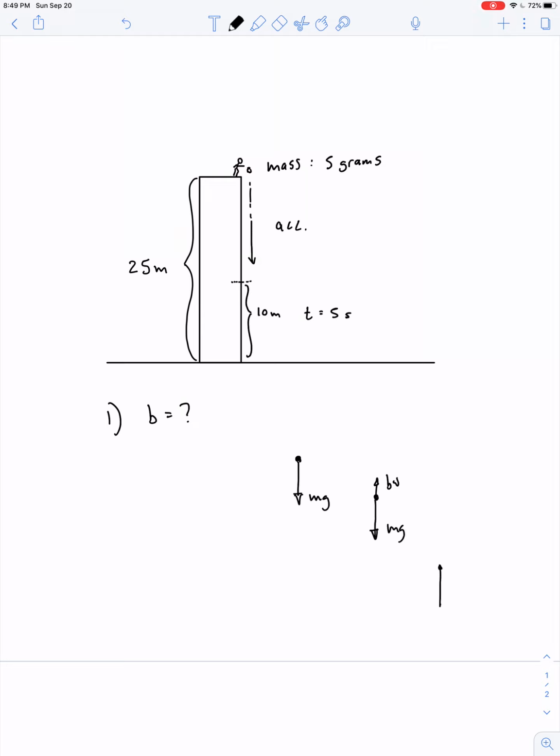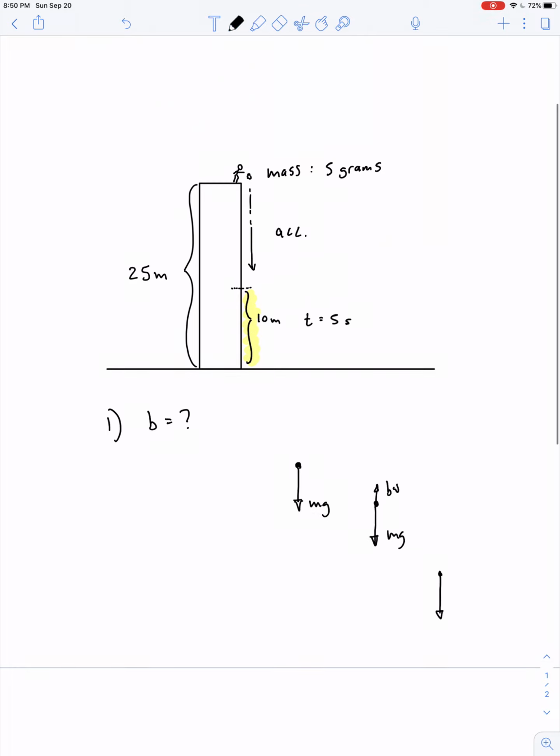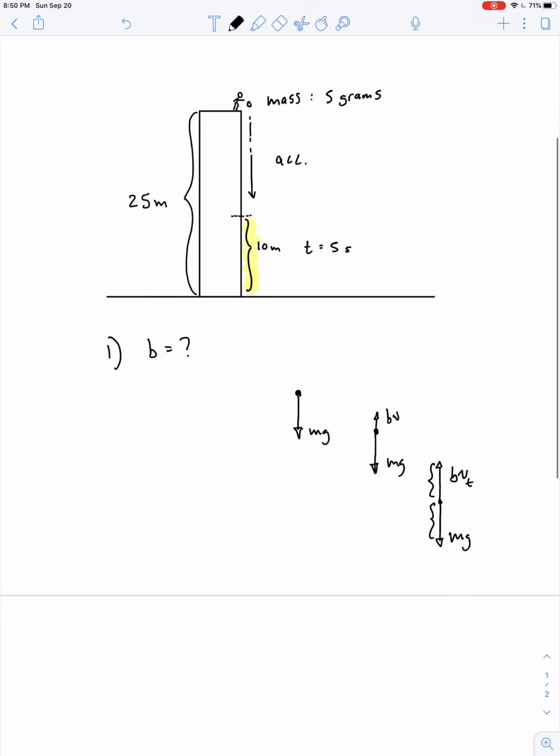Ultimately, over the last 10 meters, for this last portion of the fall, the free body diagram is the free body diagram that represents terminal velocity. So the upward drag force and the downward pull of gravity are equal in magnitude. So we know that b times terminal velocity is equal to mg.